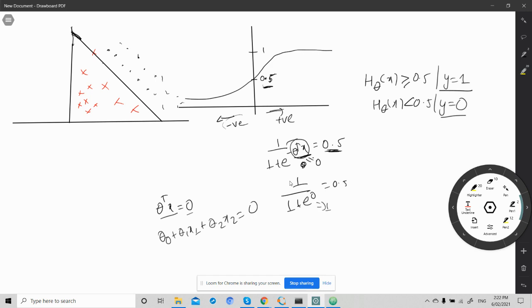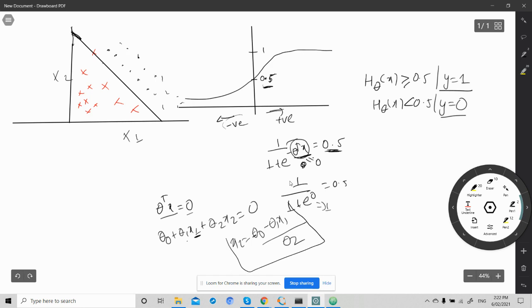So one dimension we already know, x1, we can plot here, and another will be my x2, which would be theta naught minus theta 1 x1, divided by theta 2. So this would be my other equation. I will be implementing this equation, and this would be my y variable x2.